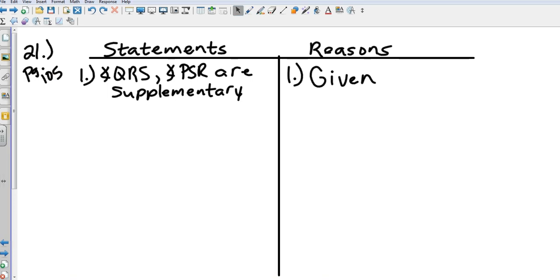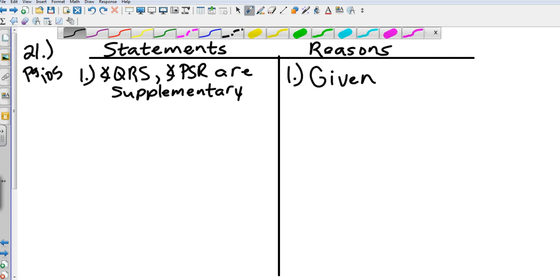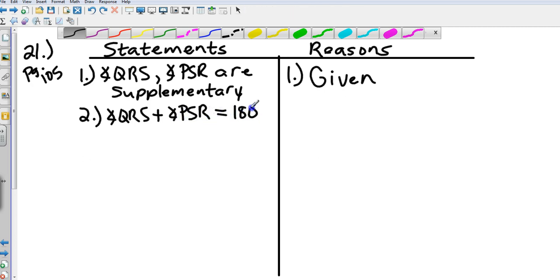All right, so what we're going to do first, because that tells us they're supplementary, is we're going to go ahead and state that angle QRS plus angle PSR equals 180 degrees.